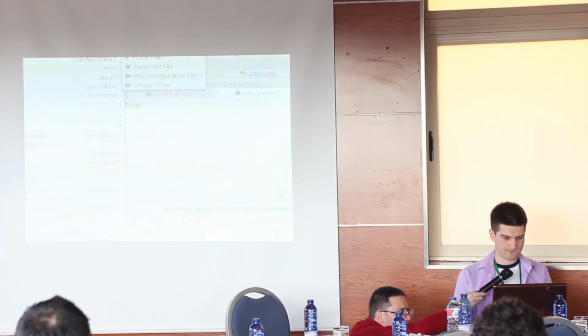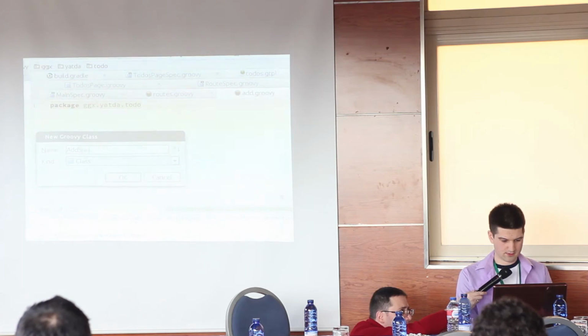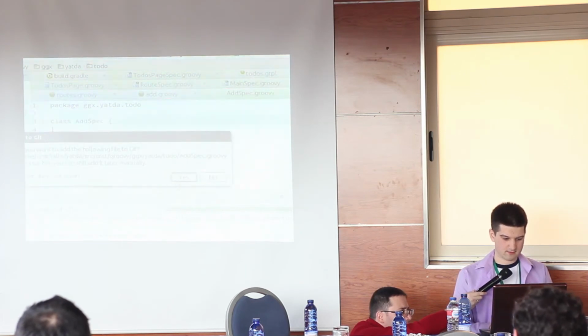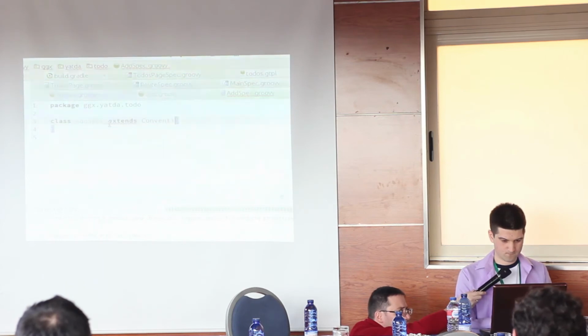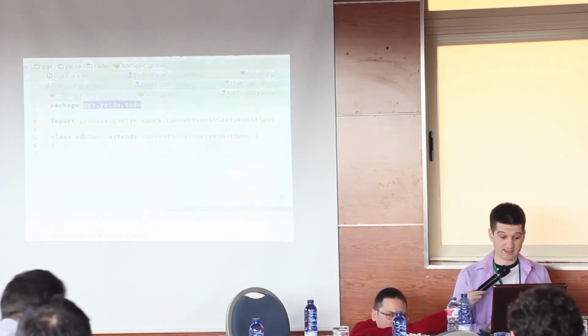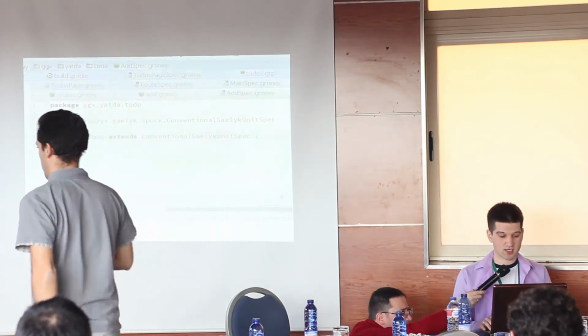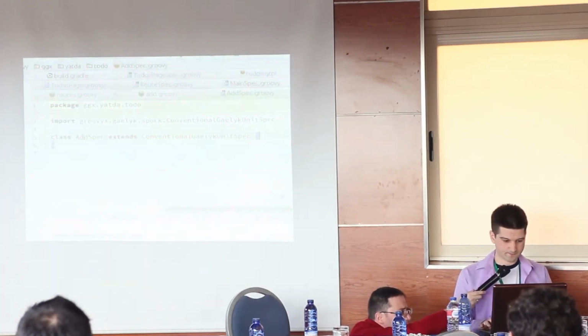It's going to be called AddSpec. We will use the conventional base spec. And thanks to putting the test in the same package as the groovlets and calling it AddSpec, it's going to know which groovlet we are testing.